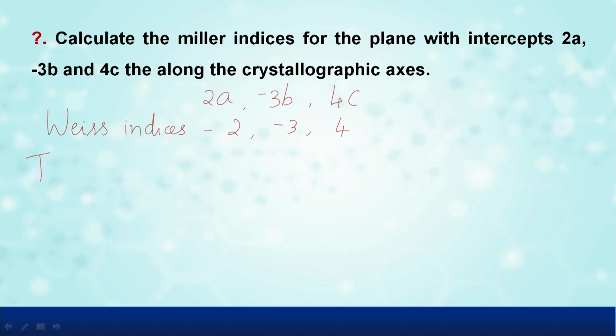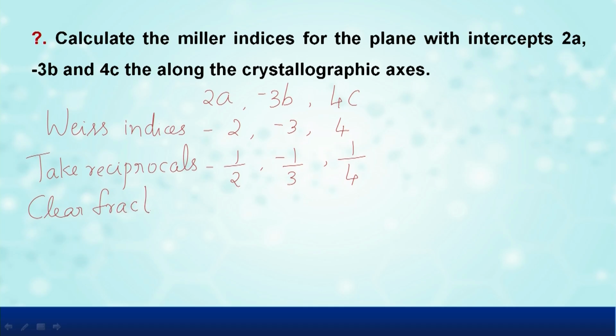Now, take the reciprocals. So, we have 1 by 2, minus 1 by 3 and 1 by 4. Now, we have to clear the fractions. So, you have to multiply by a common number, the smallest common number.